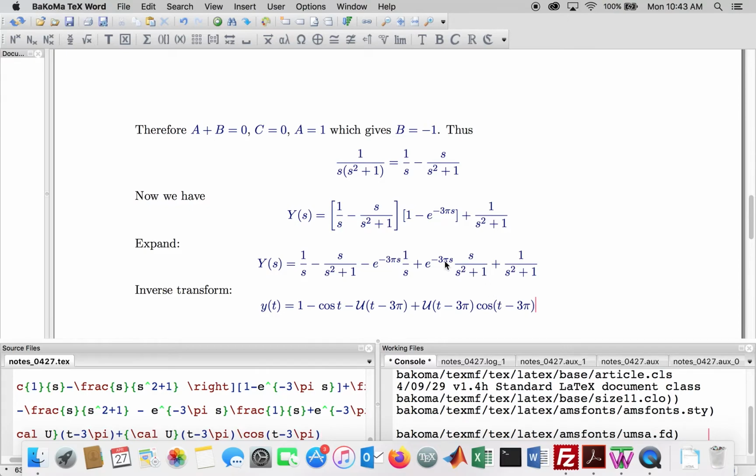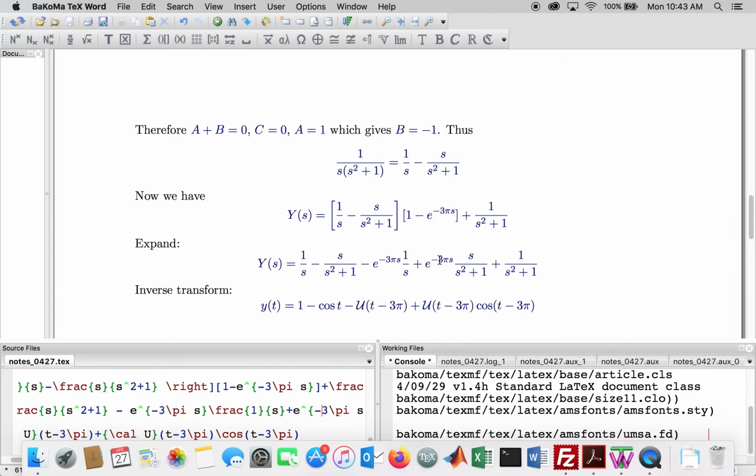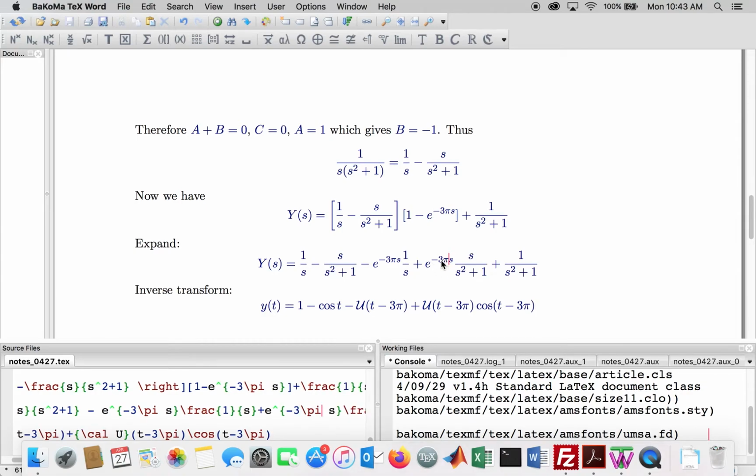So don't forget, when you have something you're inverse transforming, if it's multiplied by this kind of exponential, e to the minus a constant times s, go ahead and inverse transform this, which gives cosine t, but then you must shift by whatever value we have here. So it's always e to the minus a constant times s.